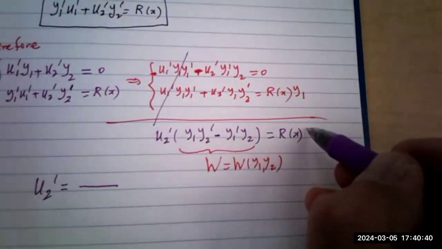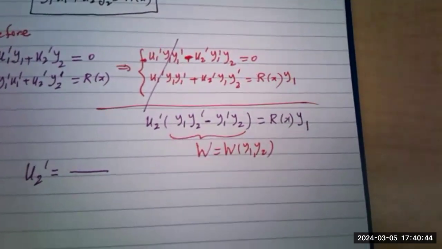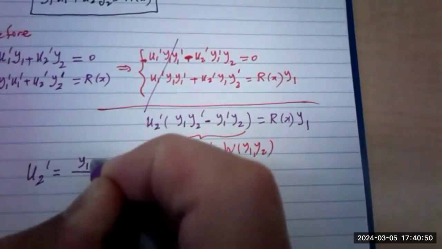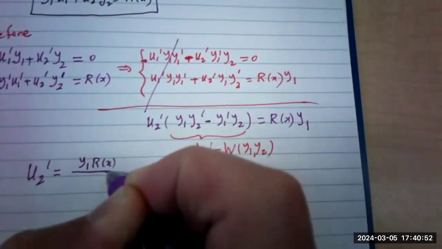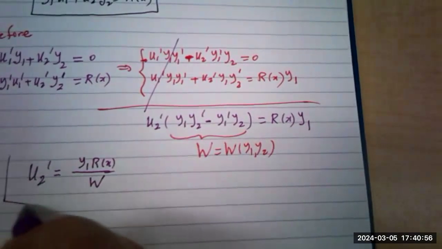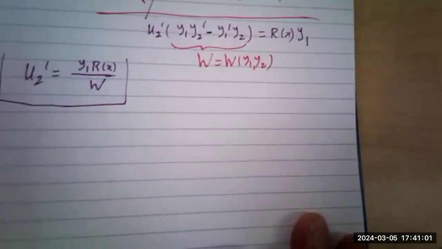Now we are okay. So u2 prime is going to be y1 times r of x divided by the Wronskian. Remember, you are looking for u2.